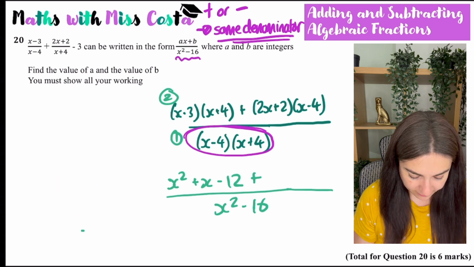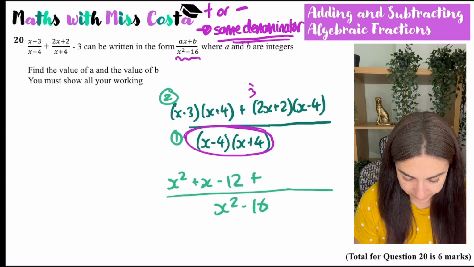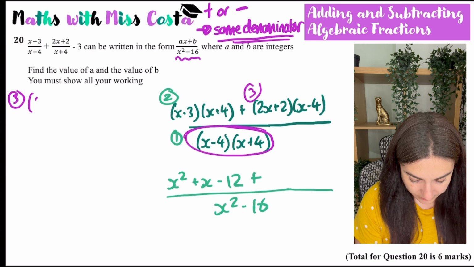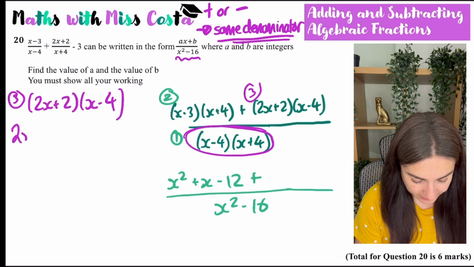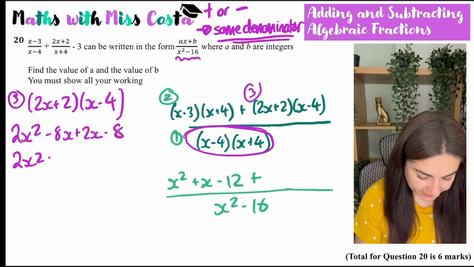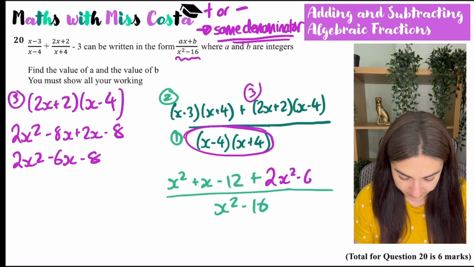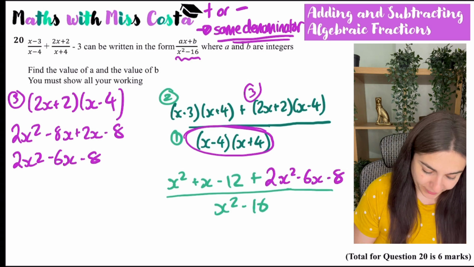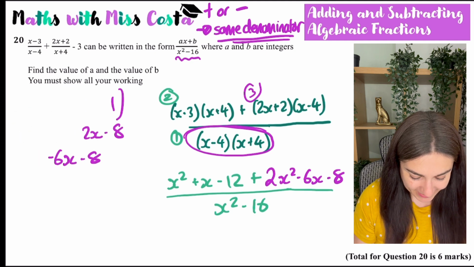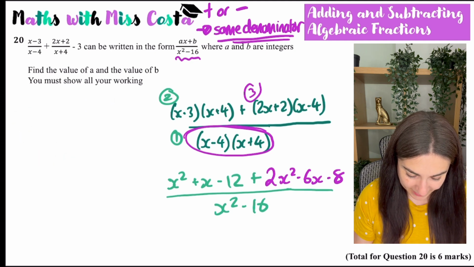Now let's do the working out for the third part. So this part here. So 2x plus 2, x minus 4, expand it, that would be 2x squared minus 8x plus 2x minus 8. Simplify, so minus 8 plus 2 is minus 6. So then you've got this, 2x squared minus 6x minus 8. Now, we can see if we can simplify it.